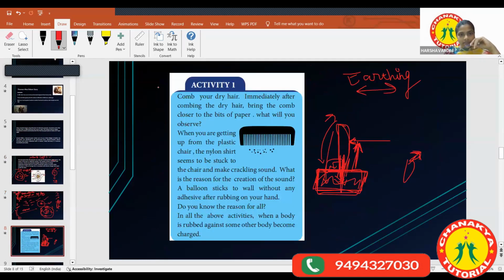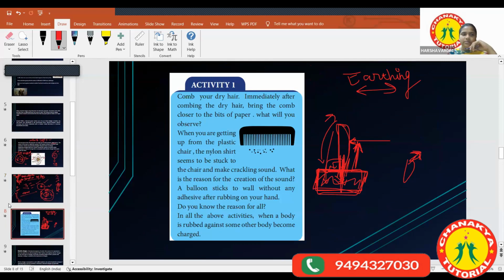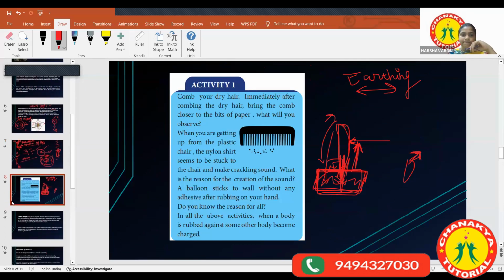And then I gave this as your homework. Did anyone do it? Ma'am, I did the nylon shirt and plastic chair activity. I think it's static electricity. Okay. Anyone else?